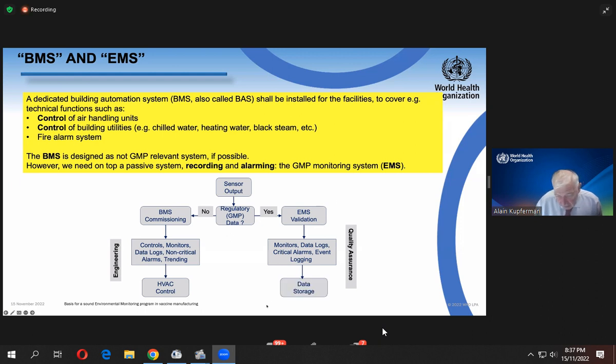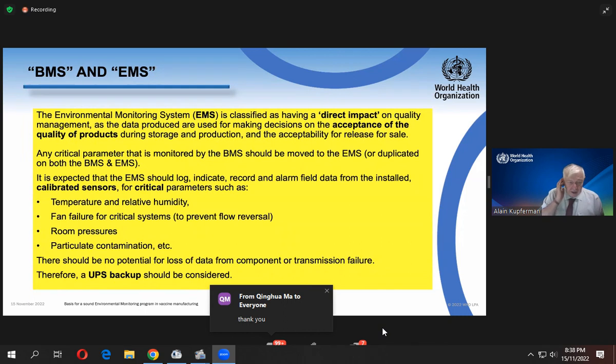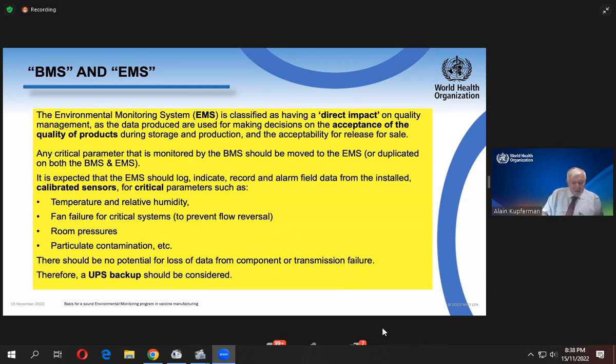EMS is passive and is quality relevant, is quality assurance. BMS is engineering, is not a GMP system. And the EMS has a direct impact because it influences your decision on what to release. And because it's critical, all the instrumentation that goes in the EMS is critical instrumentation.